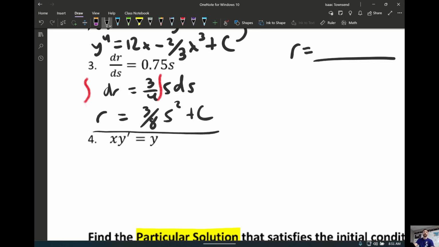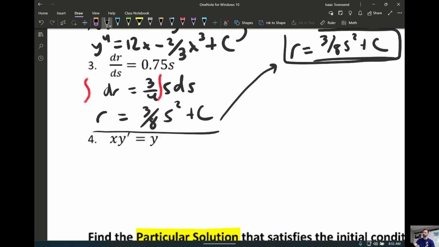And since this is dr over ds, I know that they want me to solve for R. Not every question is going to be super long, but every question will need you to separate the variables, all of one variable on one side, all the other variable on the other side. Every question will have you integrate both sides.